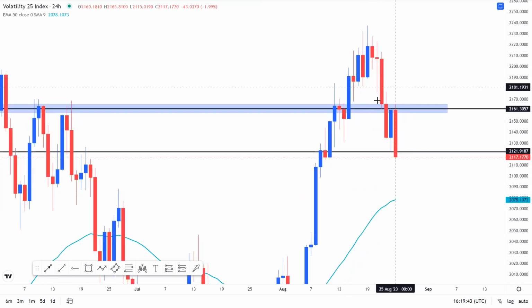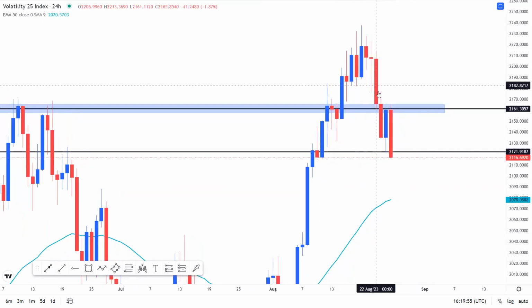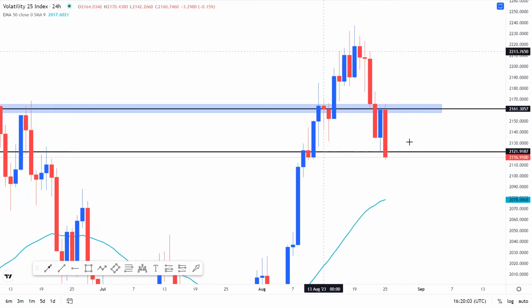What happened instead was that price broke below this very level, being my daily key level. And as soon as we had the nice daily candlestick break and close below this level, my bias for volatility 25 index had pretty much shifted from buying to selling.